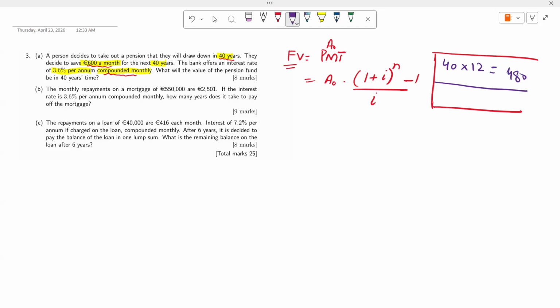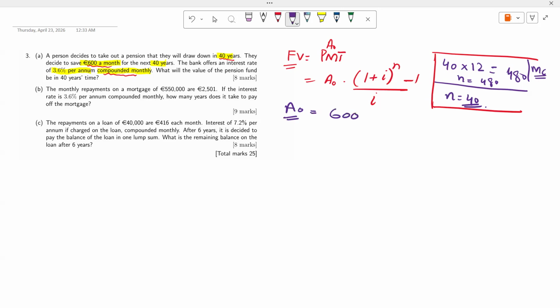So in case of monthly compounding, your n would be 480. But for conceptual clarity, the question could have been asked with compounding done on a yearly basis. In that case, your n would have been 40. So that's the difference.